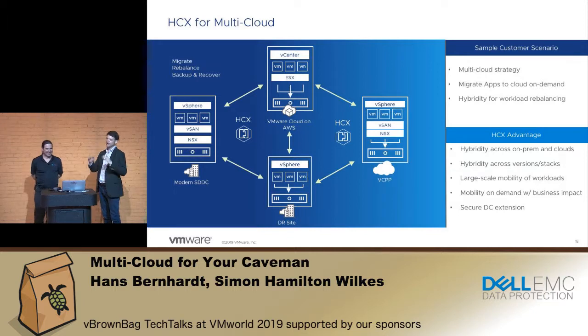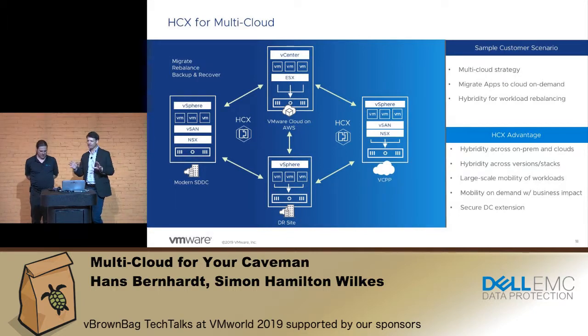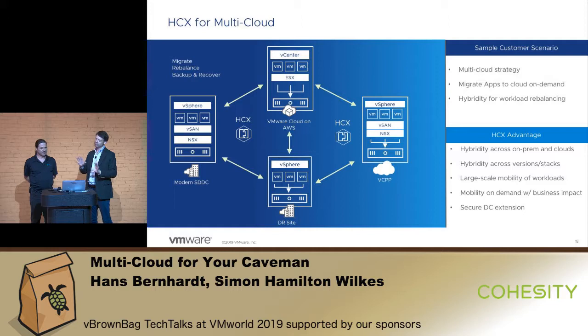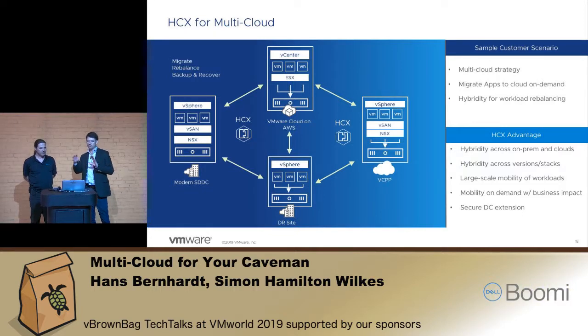So HDX has got all these great features, and we're going to gradually delve into a few of them. But the basic idea is to be this layer that is able to migrate workloads between different clouds and different on-premises environments too, and fudge the differences enough that the workload is moved in like an online migration, vMotion-type way, even though there's a lot more going on behind the scenes.